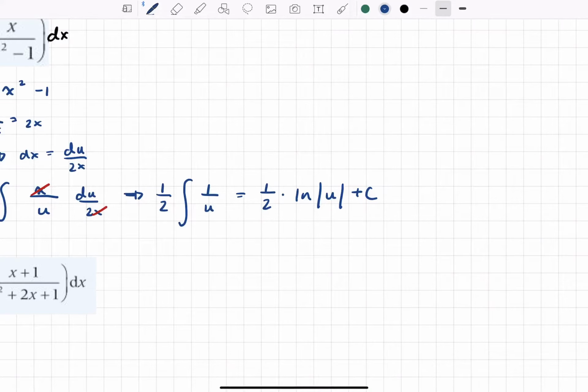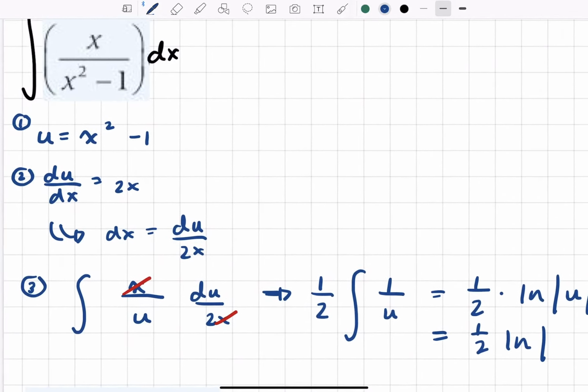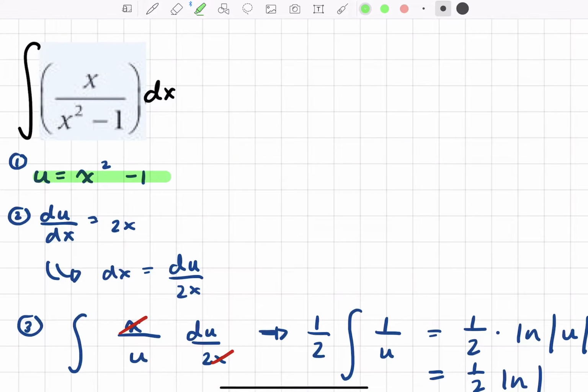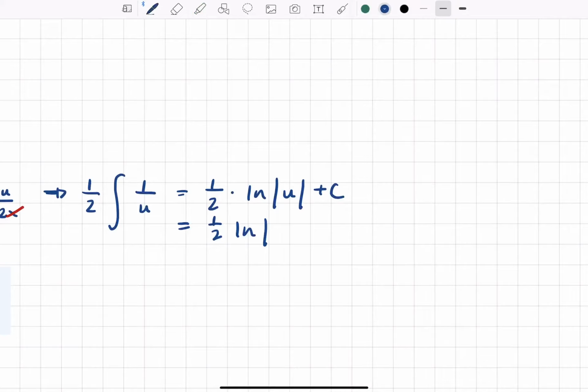You always need your plus c immediately after you integrate. It's going to have to be there in all the steps. Then we substitute u back in as x squared minus 1, that was our original substitution, so we have 1/2 ln absolute value of x squared minus 1 plus c, and that's your answer. That's how you do this first question.